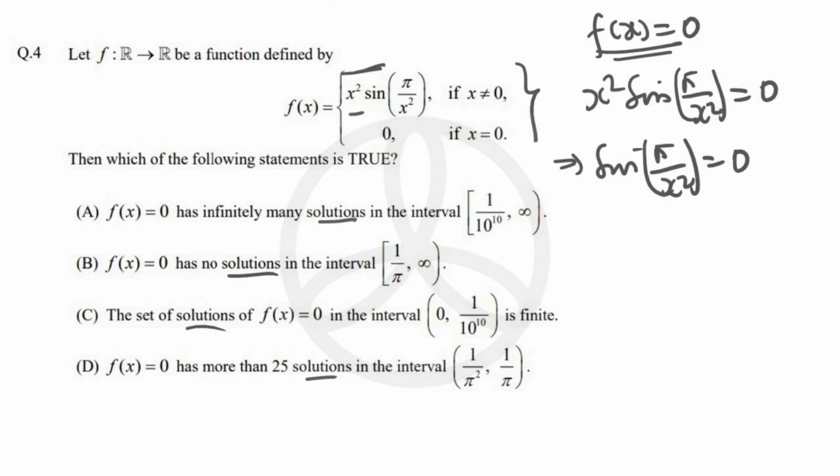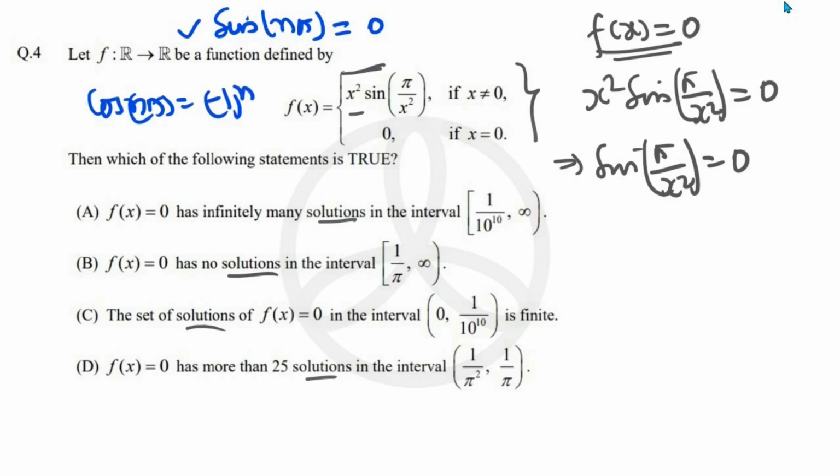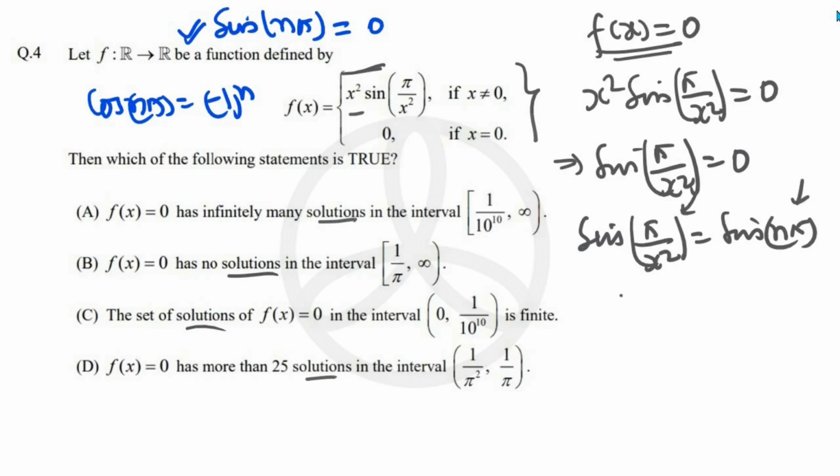Now we know one formula which is very common, which is sine n pi is equal to 0 and cos n pi is equal to (minus 1) to the power n. We will use this one here, and this will be written as pi/x square is equal to n pi. Now equate this.